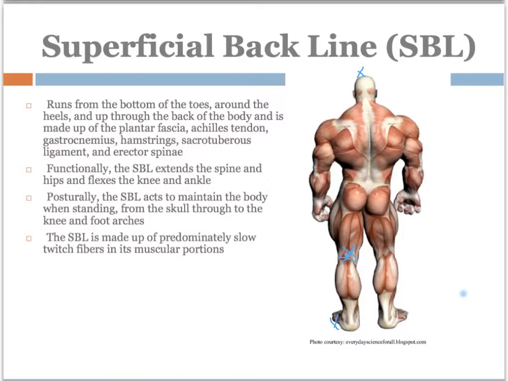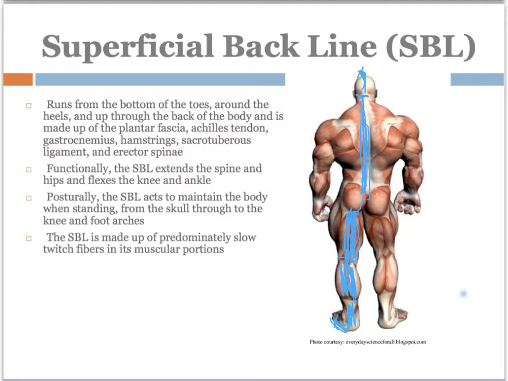It runs from the bottom of the toes, around the heels, up through the back of the body, and is made up of the plantar fascia at the foot, the Achilles tendon, the gastrocnemius muscle, up into the hamstrings, towards the sacrotuberous ligament, and then up through the erector spinae to the suboccipitals, and then over the crown of the head to the brow, kind of into the forehead area in the front of the body.